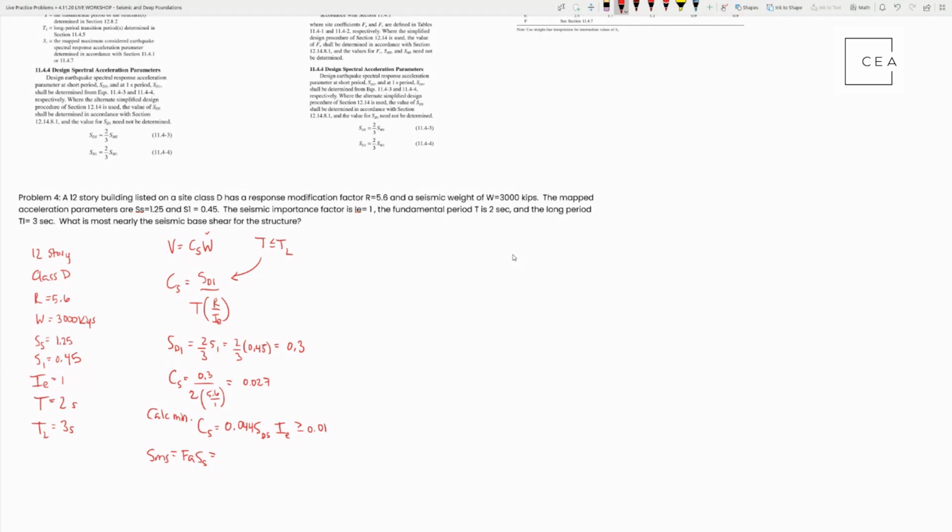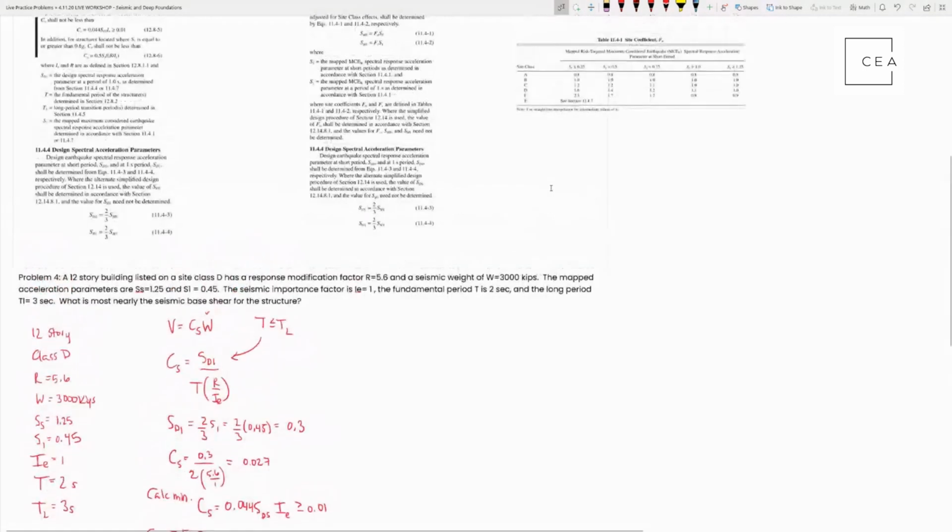To solve for FA, our SS was given here as 1.25. And if you go up and look at the table for 1.25 for the site class D, you can see that it's 1.0.